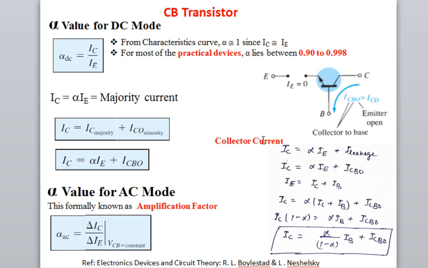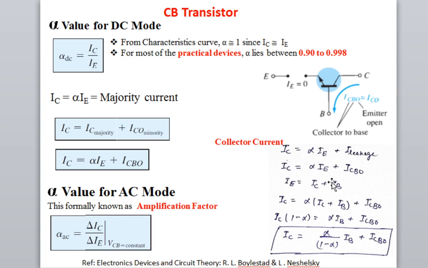In the collector current, as I have written, IC is equal to alpha IE plus the leakage current. So here we have the majority part alpha IE plus ICBO. If the emitter is not open, we know that IE is equal to IC plus IB.